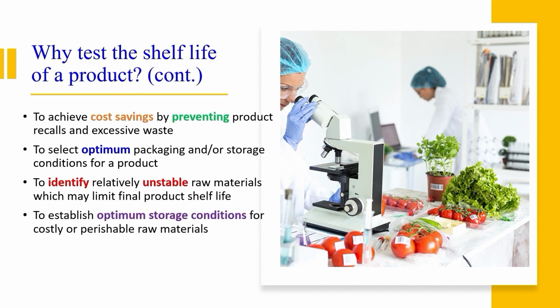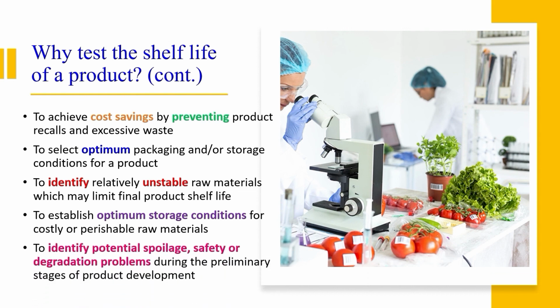We need to establish optimal storage conditions for costly or perishable raw materials. And the last one, we can identify potential spoilage, safety or degradation problems during the preliminary stages of product development.